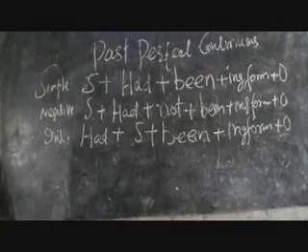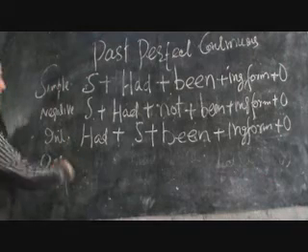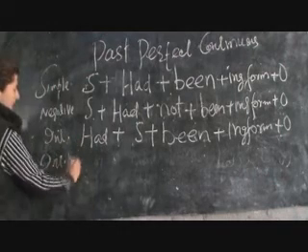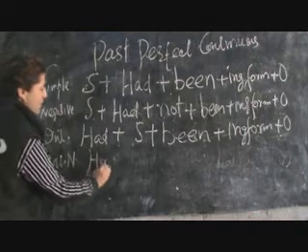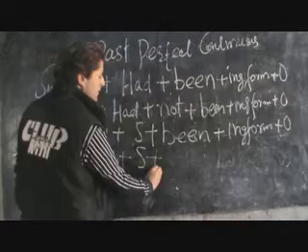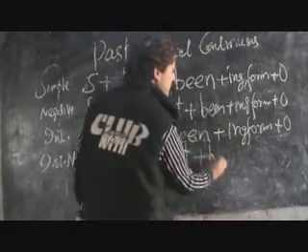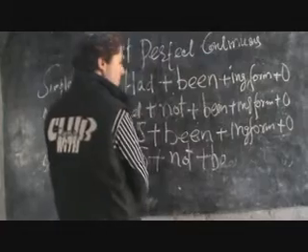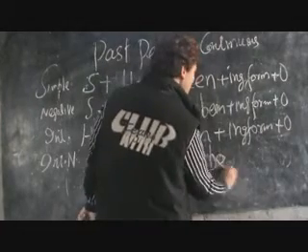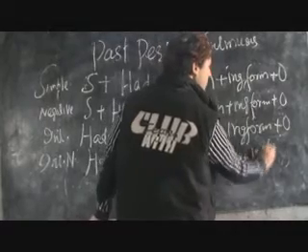There is only the introduction of not. That is the difference between interrogative and interrogative negative. So it's had, then subject, then not, and then been, and then inform, and then object.